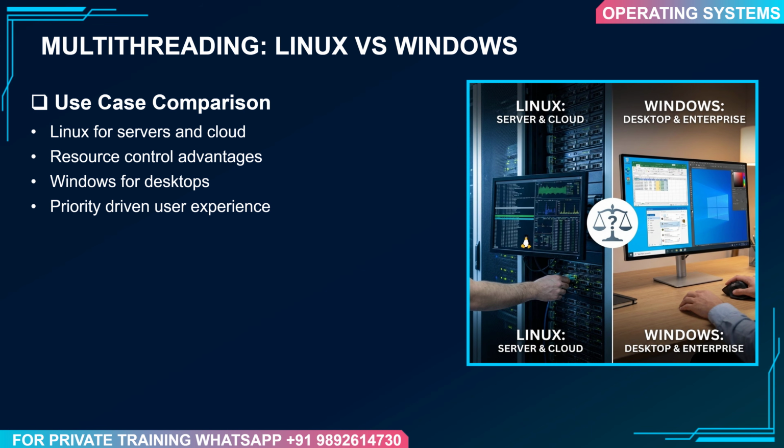The honest answer is that it depends on the use case. For large scale servers, cloud platforms, and systems where fine grained control over resources is important, Linux is often preferred. Its unified task model and flexible scheduling make it very powerful. For desktop applications, enterprise environments, and systems where user experience and priority based responsiveness matter, Windows often shines.